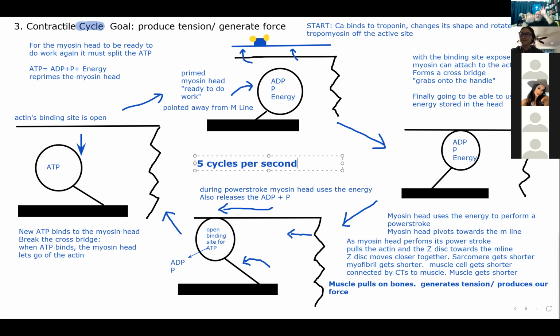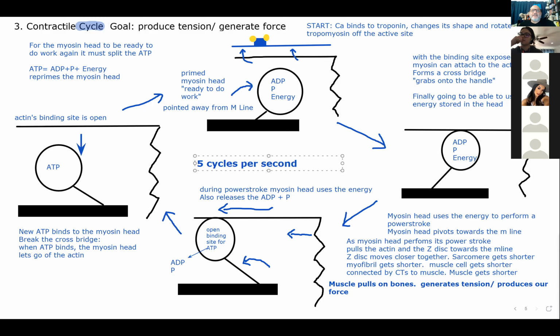So I'm going to alternate when things are going on. At any one time, one's going to be grabbing, one's going to be pulling, one's going to be releasing, one's going to be priming. And by alternating these, I can grab and pull, and I'm going to make my sarcomere shorter. Indeed, we are a remarkable piece of equipment. I agree wholeheartedly.